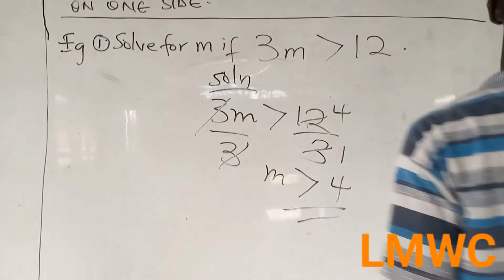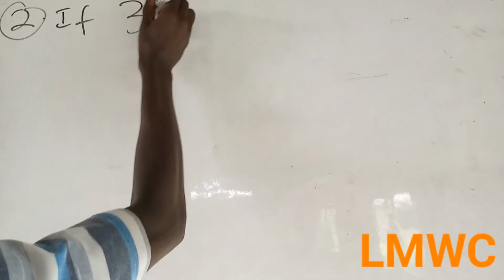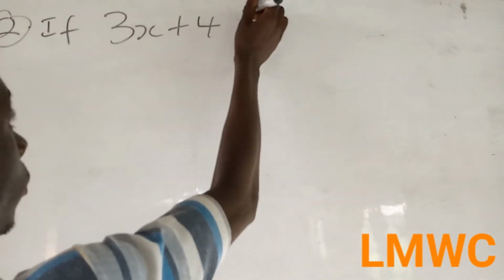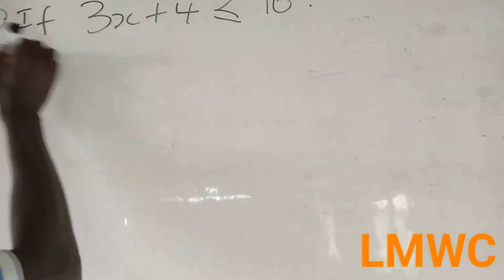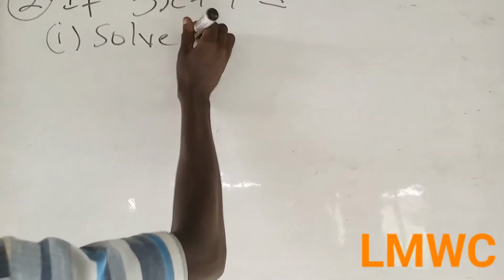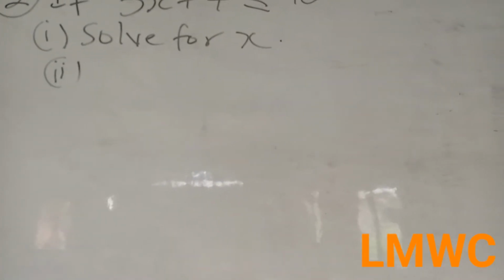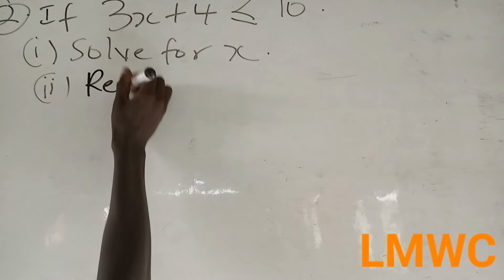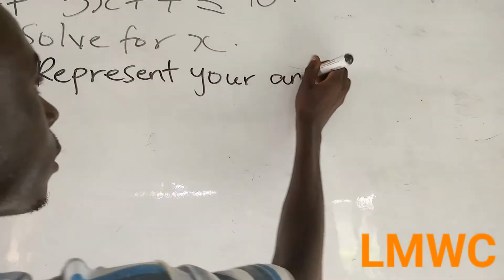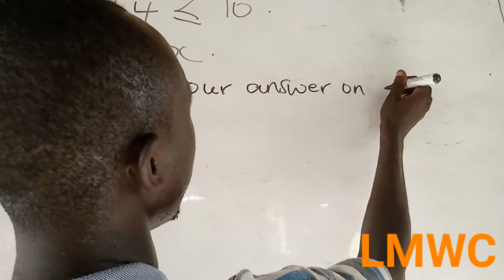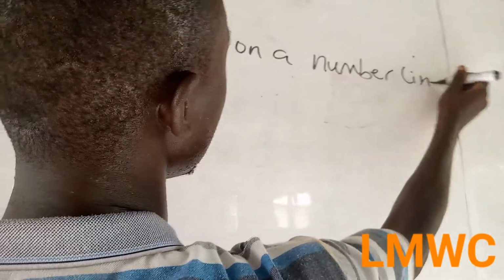Example 2. If 3x plus 4 is less than or equal to 10, solve for x, and represent your answer on a number line.